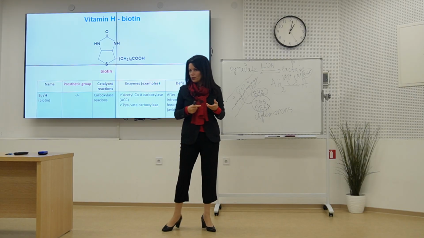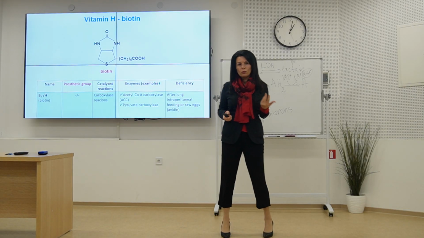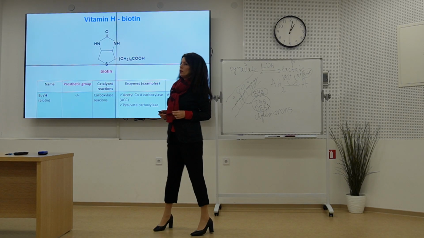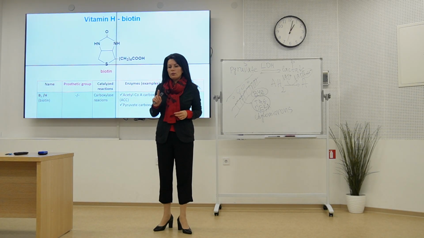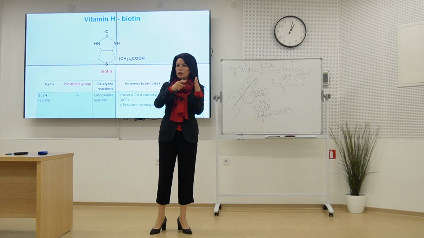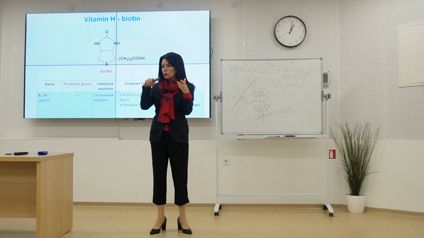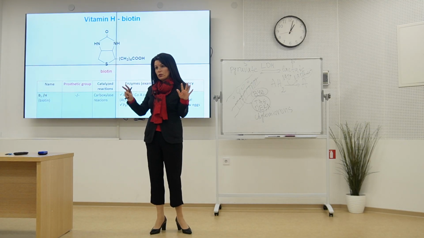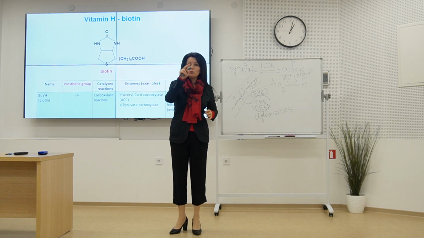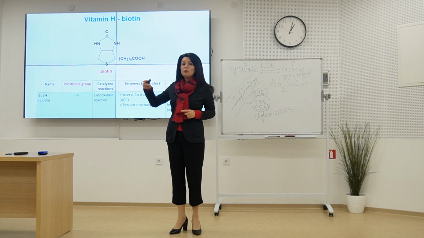Decarboxylation means the opposite, removing of a carboxyl group from the substrate. One more. When there is participation of biotin, every time, there is use of energy. ATP is used and is hydrolyzed at the gamma bond to ADP plus P. It's obligatory. If there is biotin, don't forget biotin plus ATP to ADP plus P.